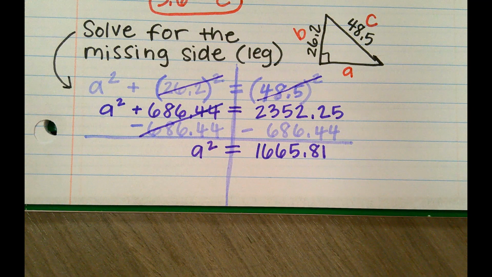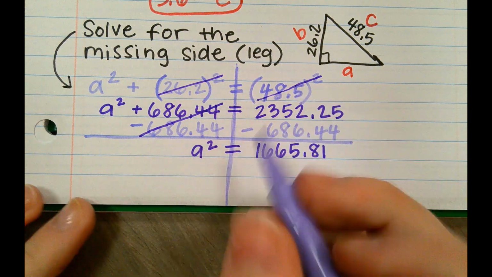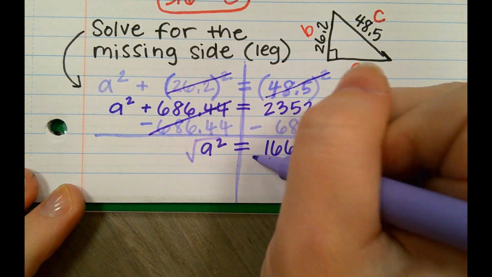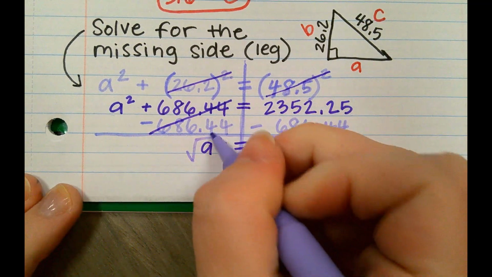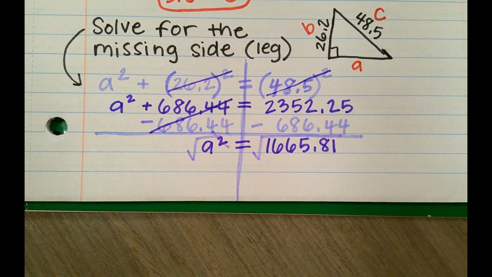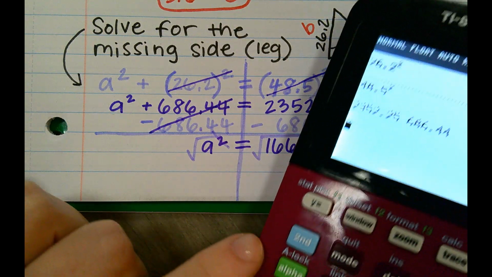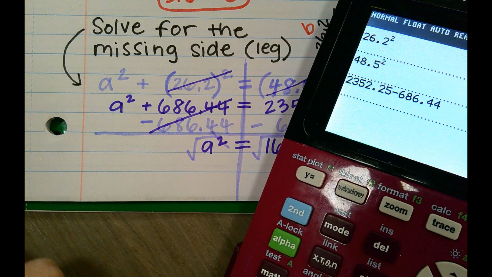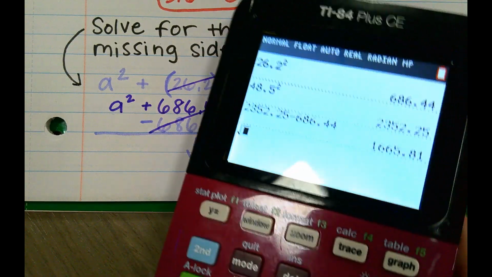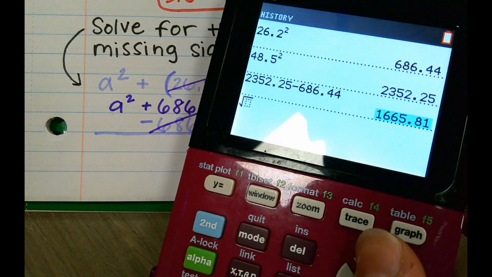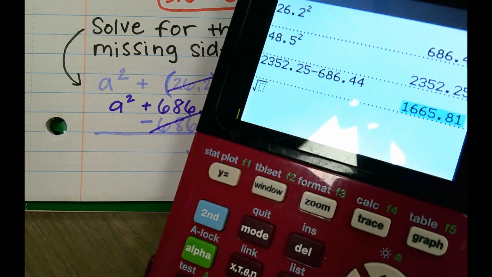Square root it. Let's find the square root of that number. So square root both sides. Get a by itself. And again, if you don't want to type it in all over again, I can go ahead and get my square root on my screen. And then I can arrow key up to that number. Hit enter.